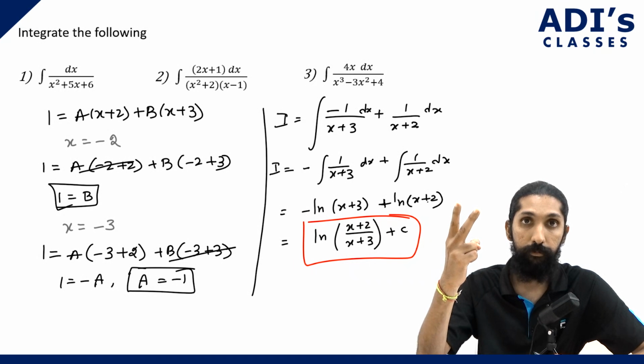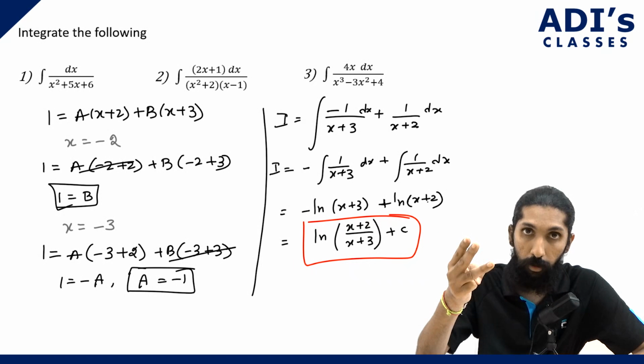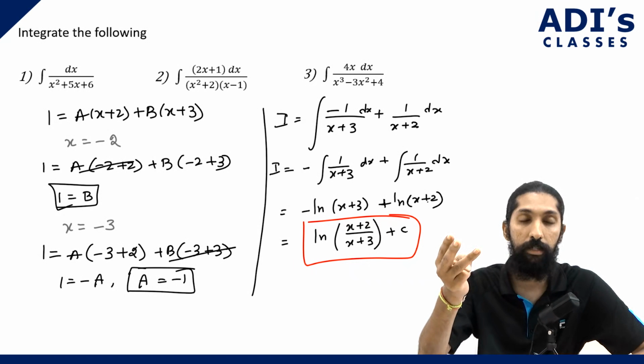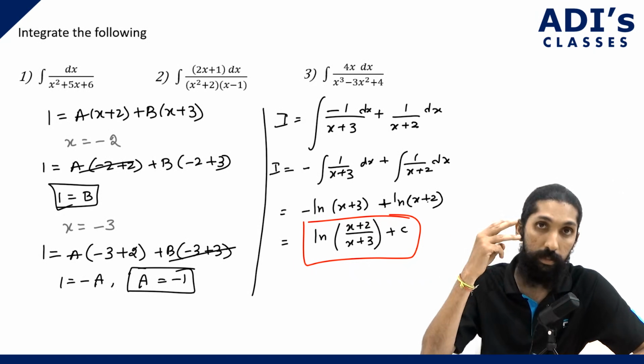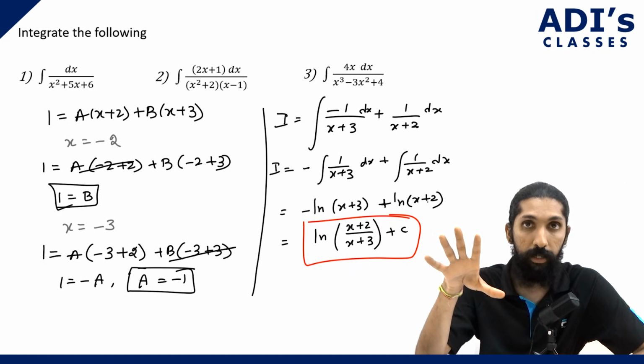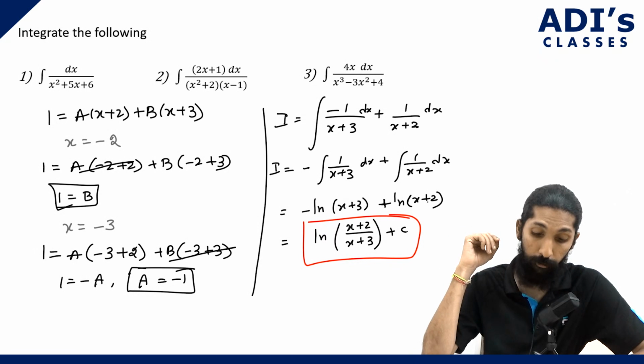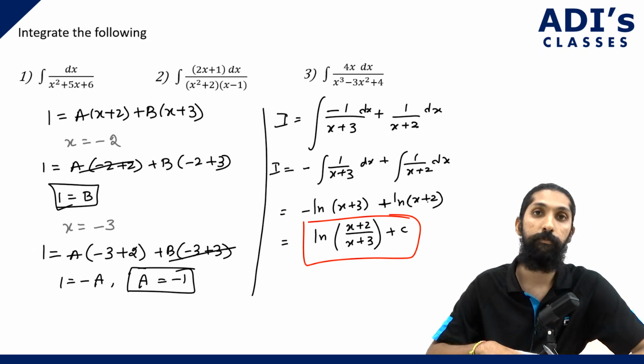Second step, writing it in the partial fraction form. The third step is integrating. So once you integrate, you will get the correct answer. Understood? So this is how we do the first one.